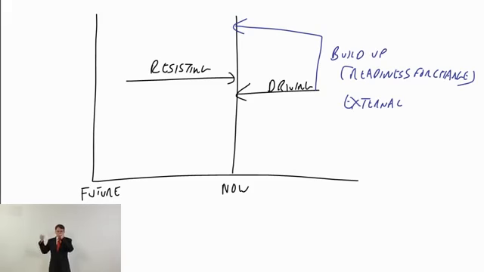I know you don't want to change, but look, there is a new rival who's come along who is a lot cheaper than us, so we need to cut costs. I know that you don't want to do this, but the government is going to change the law and make it very difficult for us to do what we've been doing at the moment. We must do something different. You don't like it, but we have no choice. If you can build up the driving forces so they are now higher, the change will happen.